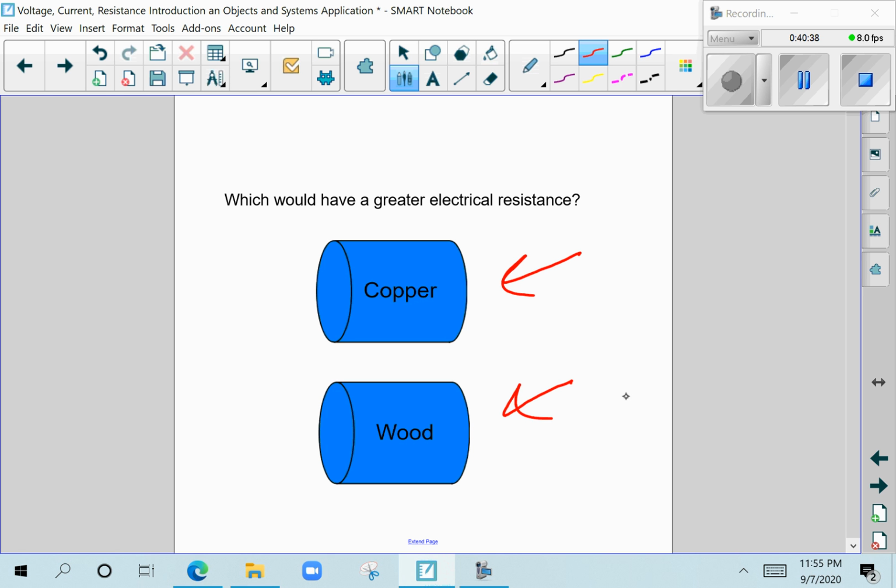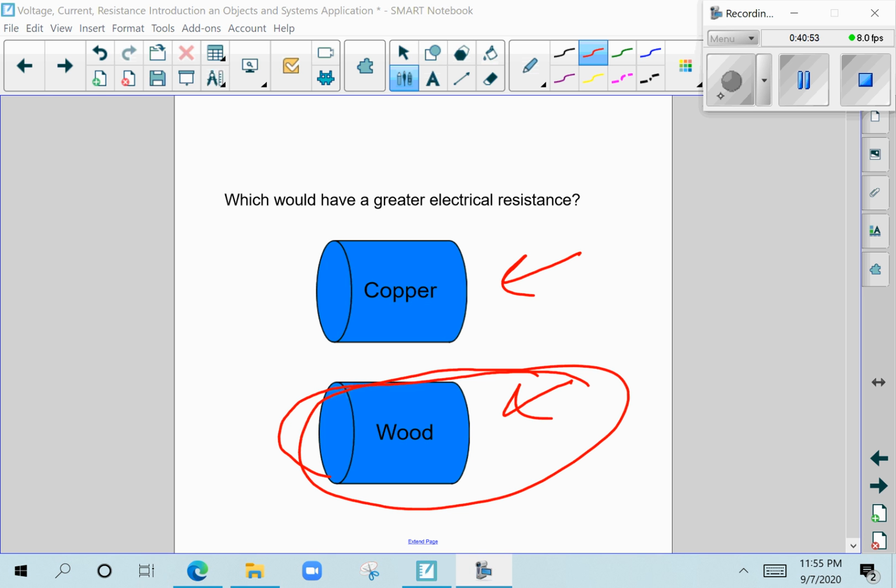Most of us know it would be harder for electricity to travel through the wood than the copper. That's why we don't make wires made out of wood, we make them out of metal. So wood offers a higher resistivity than metal does if it has the same dimensions.